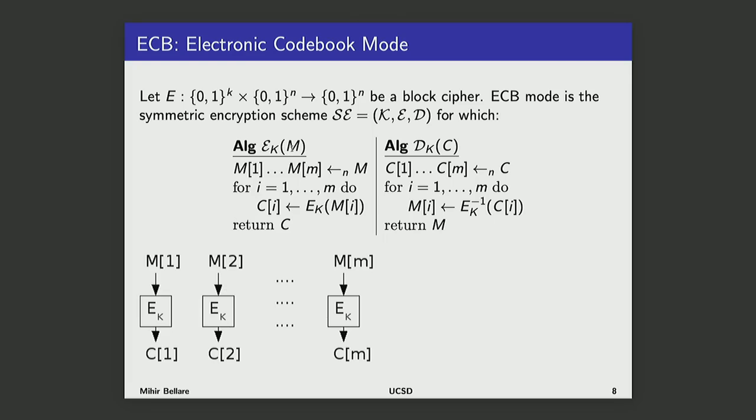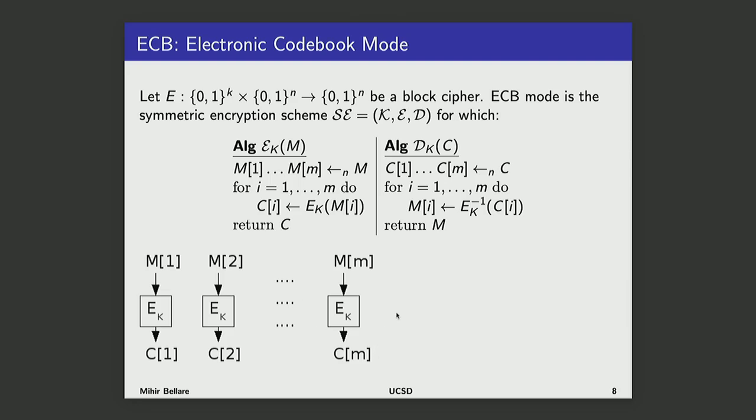So it says take the message, break it into n-bit blocks. Why n? Because that's the block length here. You get some number of blocks which could differ depending on m. Then you have a loop where for every block you run that block through E using this key over here and get a ciphertext block. You concatenate all the ciphertext blocks and you're done.